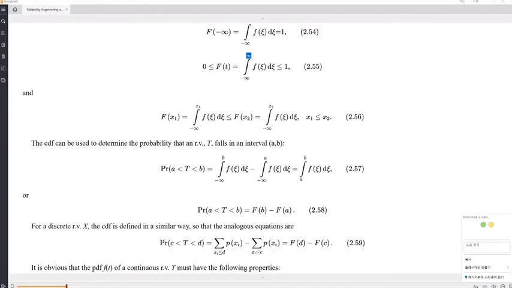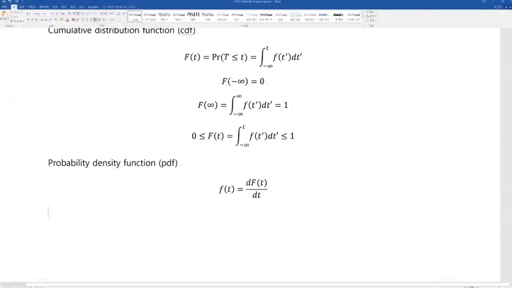So that means, our note, some probability is defined that the probability of locating between 2 time points, like a and b.